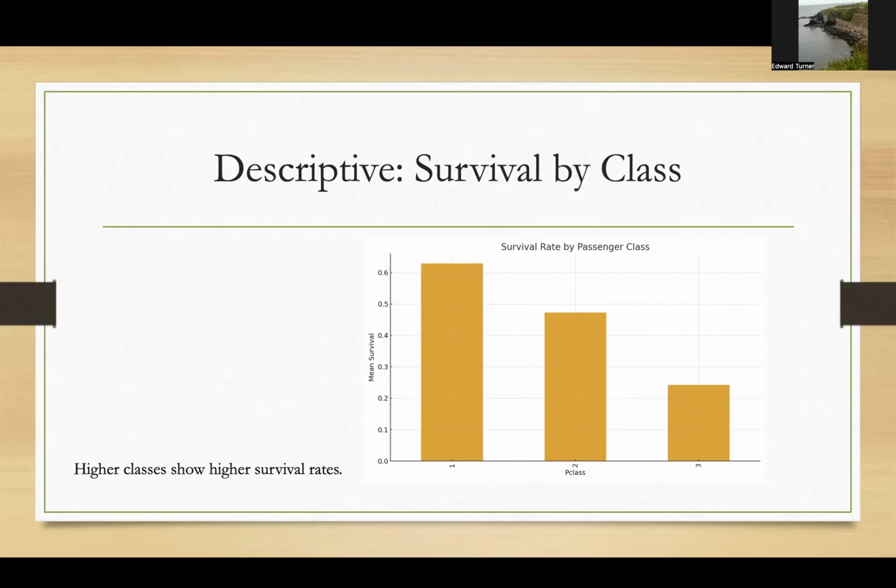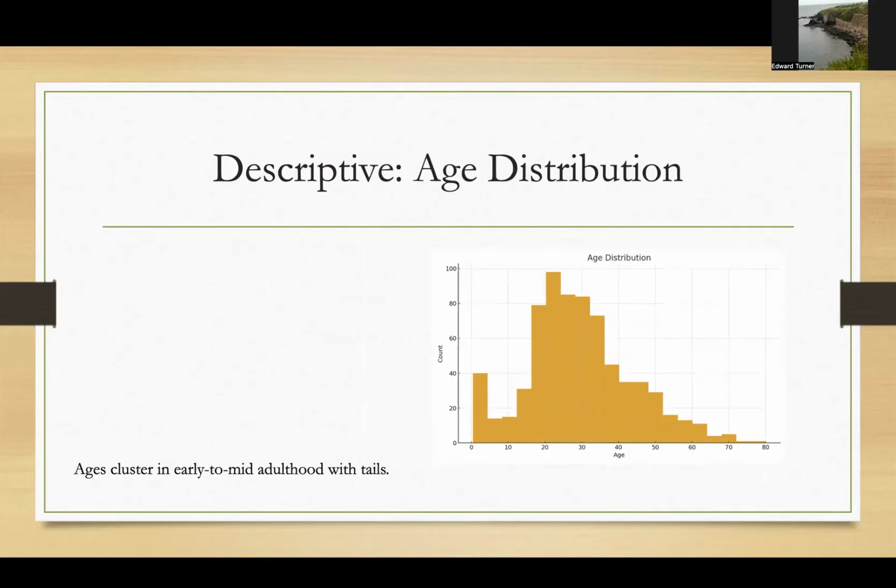If you're in second class, you're a little less than a coin flip, but not too bad. But if you're in the third class, your survival rate was pretty bad. It's something to keep in mind as we consider other variables. But again, this class variable is going to have a high indicator of whether you survive or not.